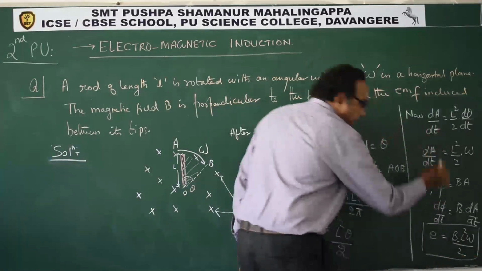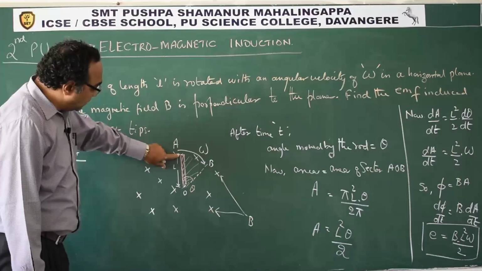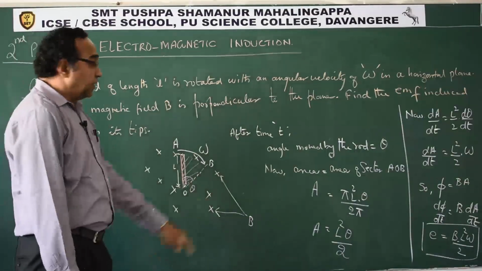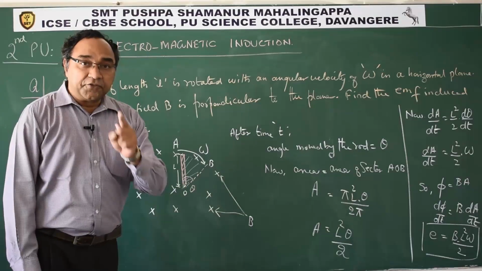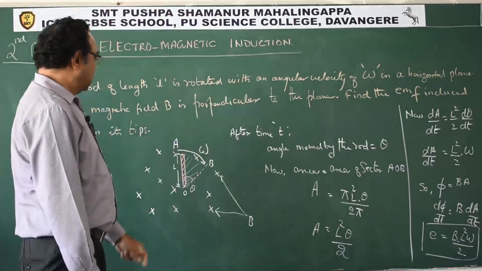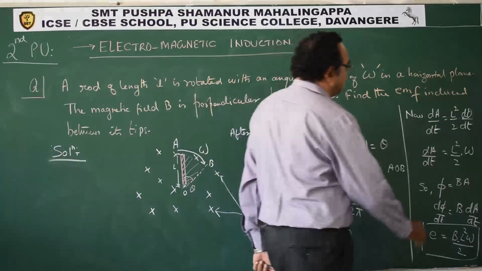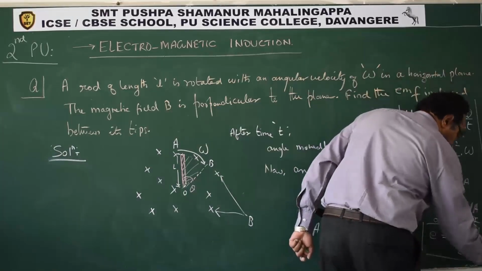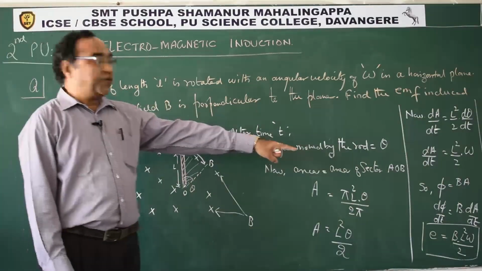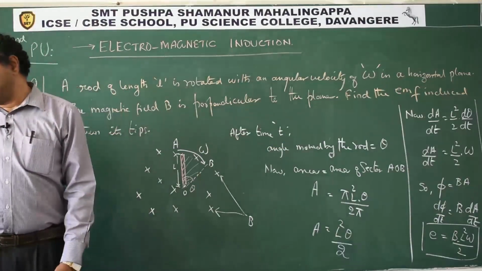This is exactly how we can find the EMF induced between the tips of this rod when it is rotated in a magnetic field perpendicular to the plane of its rotation. This is a very important derivation. Sometimes numericals directly based on this concept are asked in entrance exams.